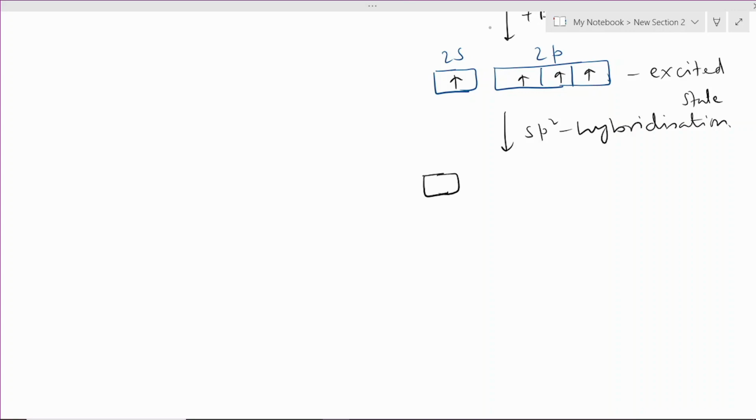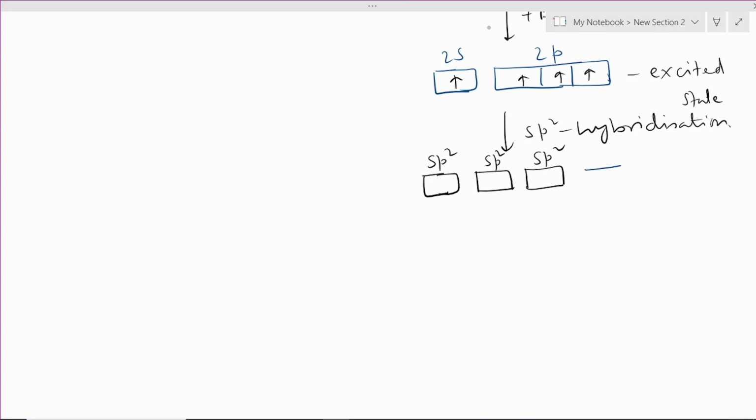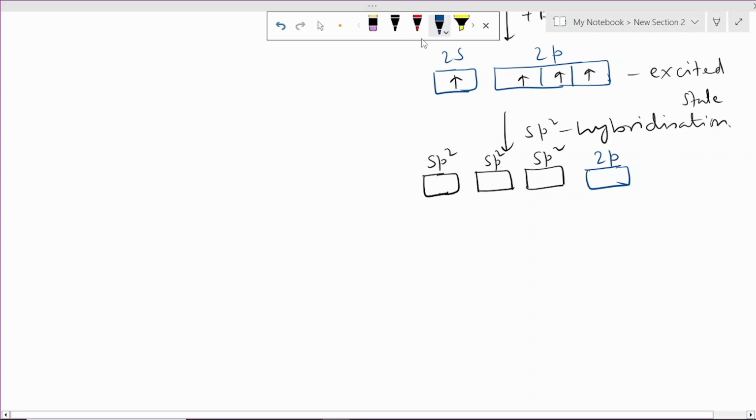So three sp2 orbitals and a 2p orbital remains. This is 2p. And electrons are distributed as follows.